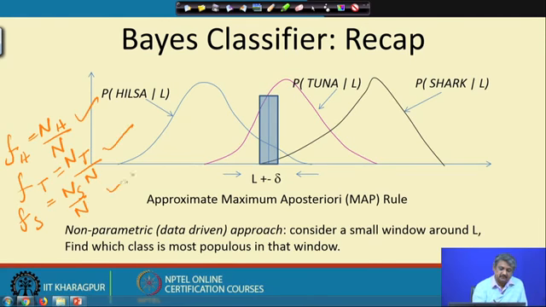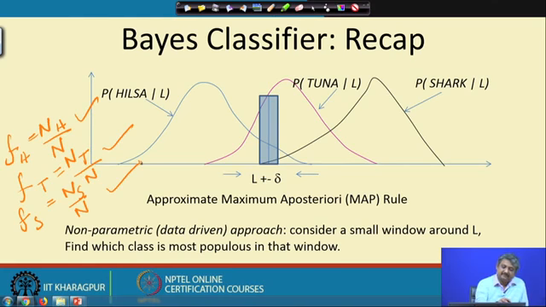So, three relative frequencies. What the Bayes classifier, what the MAP rule says is that you put it in the class having the highest posterior.